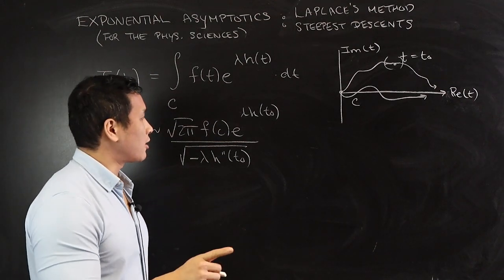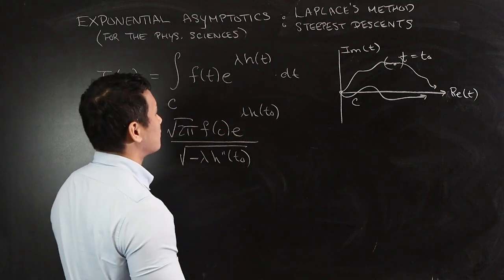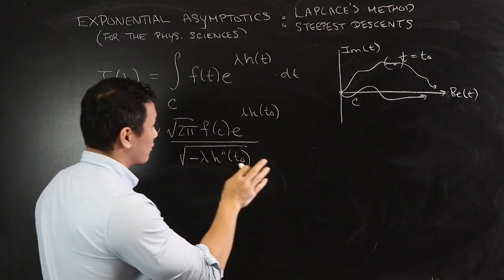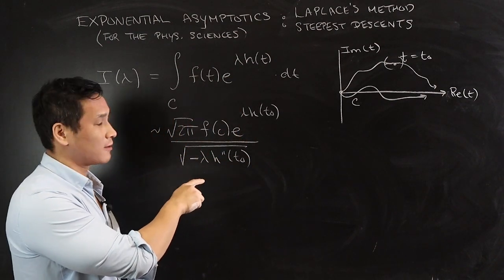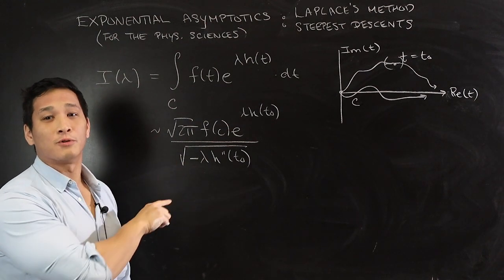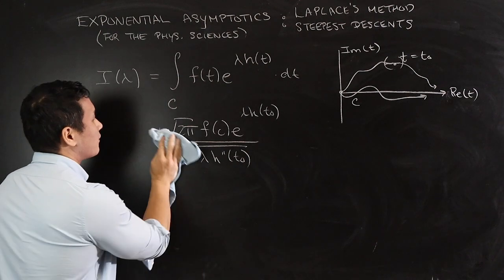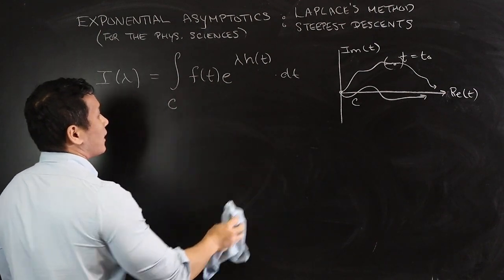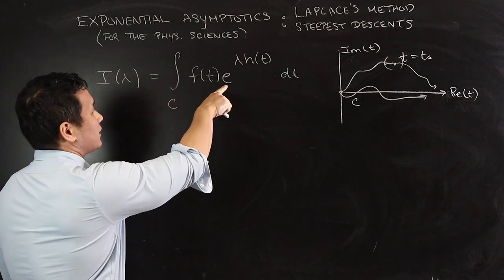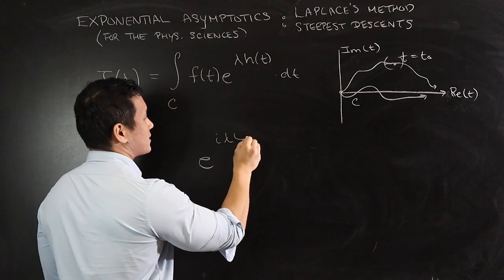But there's a bit of a problem. The problem is that if you actually try this, this thing ends up being much larger than what the actual contribution turns out to be. So it doesn't seem to work. And the problem is that if you look at the phase that we ignored, the phase is e to the i times lambda times psi of t.